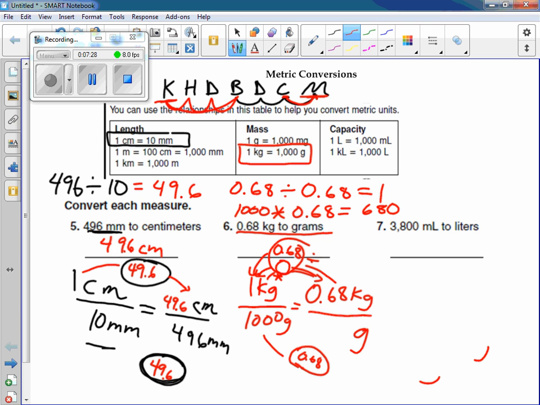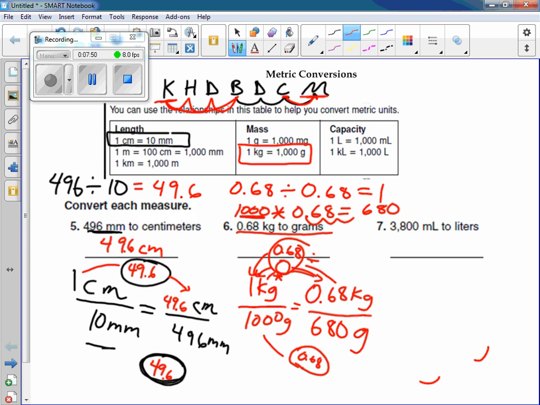Now, if you look at that, typically when we multiply by tens or divide by tens, and this is why the metric system is so great, if we count the zeros, that tells you how many places we're going to move the decimal place, and we'd move it 1, 2, and add 1 more for 3. That's how we get the answer of 680. So my answer is 680 grams.